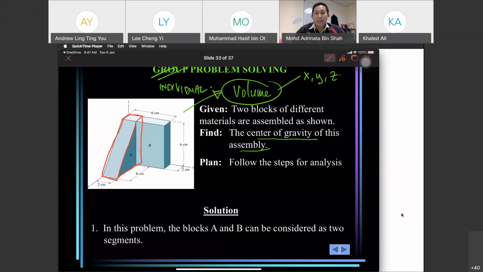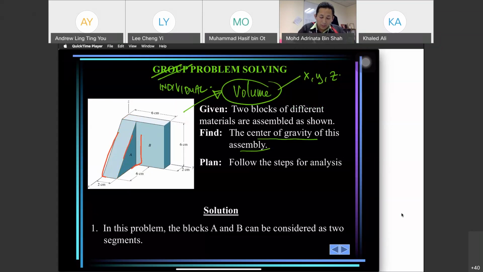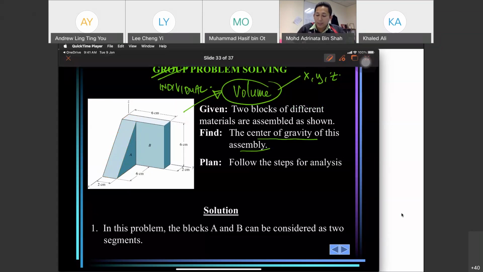It has been given. Sometimes you guys are thinking too complex, but the exact shape is this one.